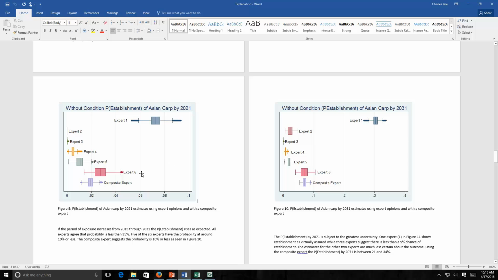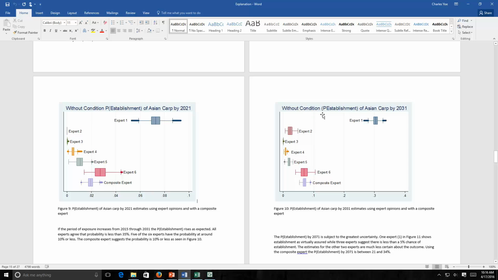When we calculate the composite expert, that looks like this. The composite expert is not really representative of the low opinions, and it's not really representative of this high opinion, but it's representative overall of the average of all of these opinions.